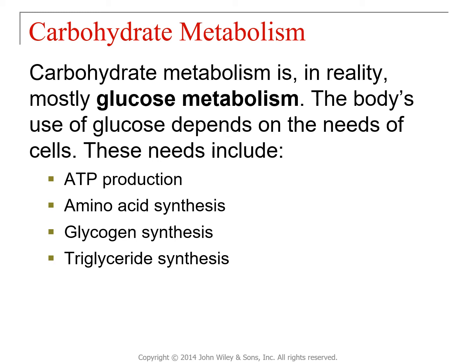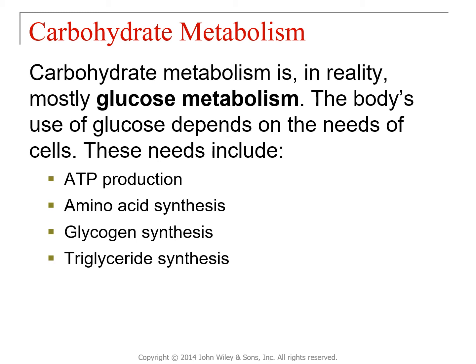The body's use of glucose depends on the needs of the cells at the time. So the first need that is met is ATP production. Glucose will be converted into ATP to meet the energy demands of the cells. Then certain amino acids can be synthesized from glucose. Excess glucose is stored as glycogen by linking multiple glucose units together.